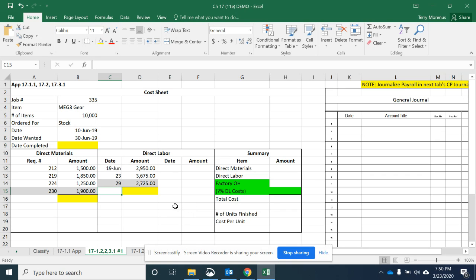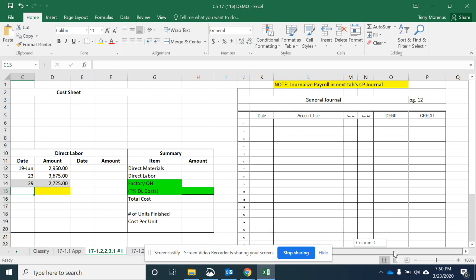Now instruction number 2 says we're going to journalize the following transactions. Two things: we're going to journalize the actual physical materials that go into the product, and we're going to journalize the payroll of the labor that went into the product. They are two separate things, but both are expensed, and you're going to see how that's reflected in journals.